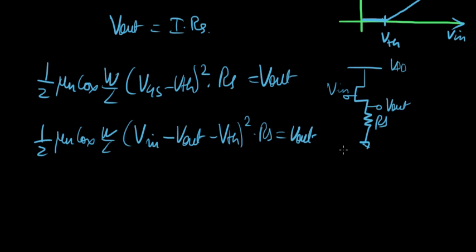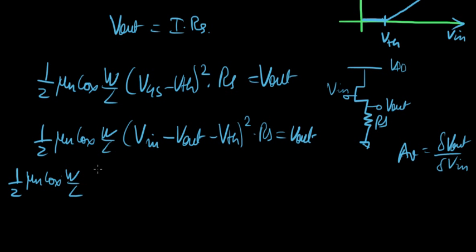Now we know that the gain AV is nothing but the partial derivative of V out with respect to V in, right? So it's just that. Pretty simple. So let's differentiate the entire equation with respect to V in. So what we get, all this is constant. So half mu n C ox W over L. Now this term becomes 2 times that term, so the differential of that: 2 times V in minus V out minus VTH times the differential of this.